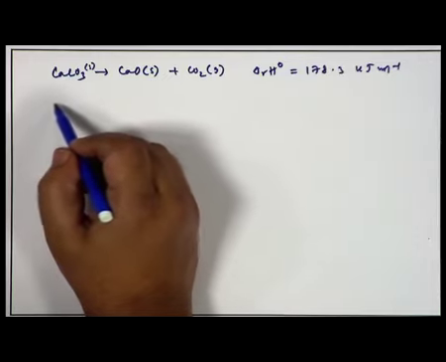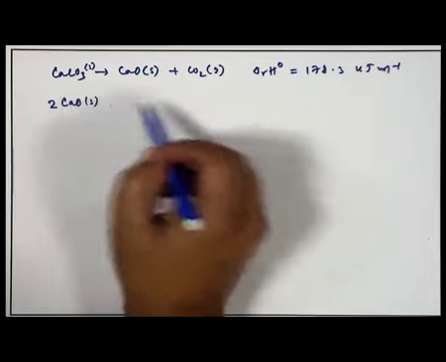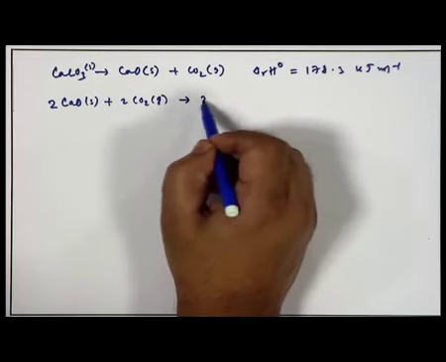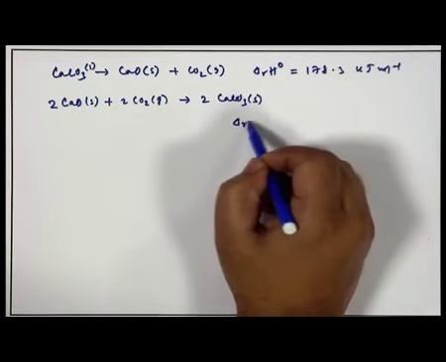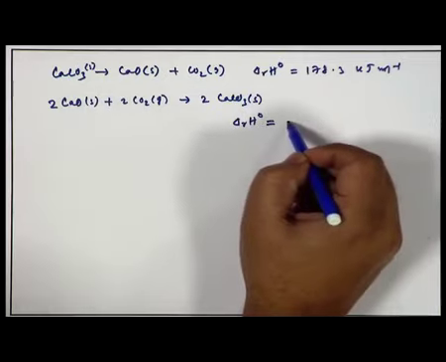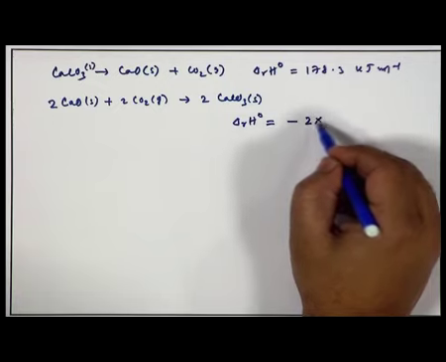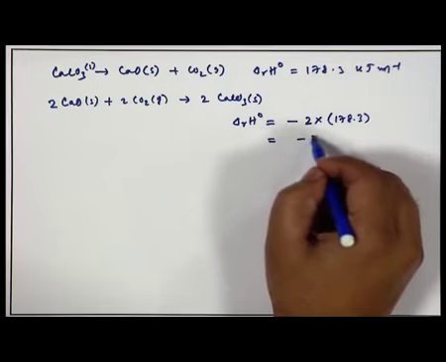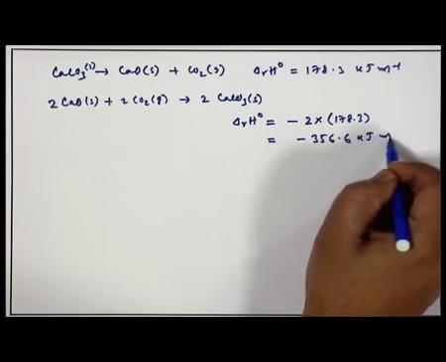So, if I multiply by twice this amount and reverse the reaction, then delta HR for this particular reaction would be reversed. So, minus, and this is twice. So, minus 2 into 178.3, which is minus 356.6 kilojoule per mole.